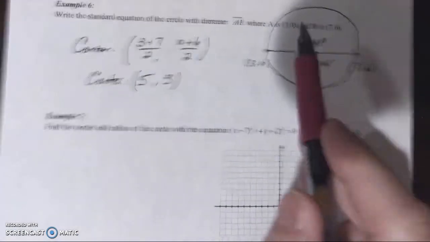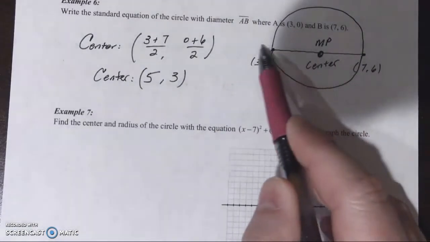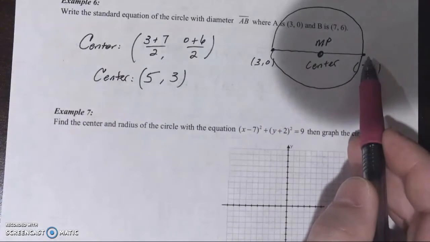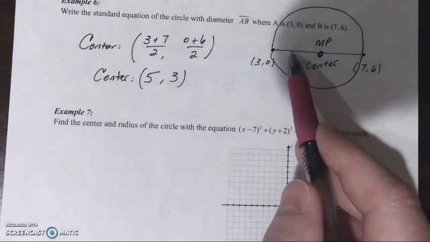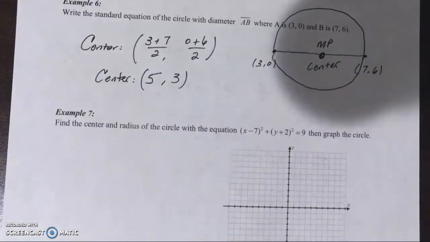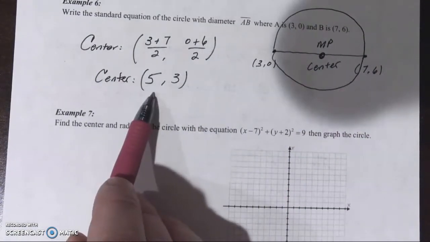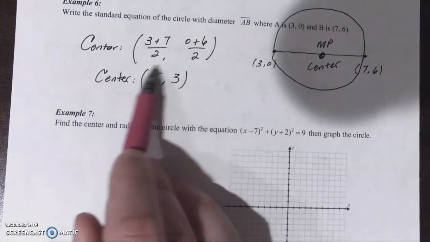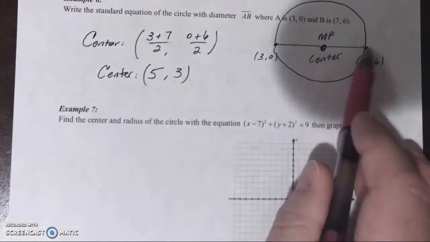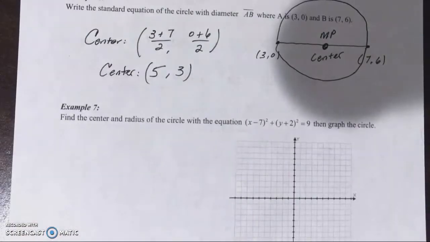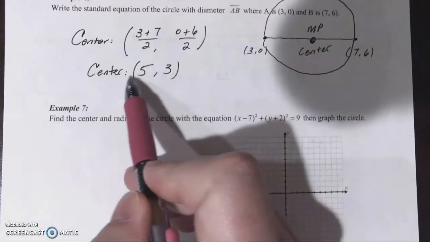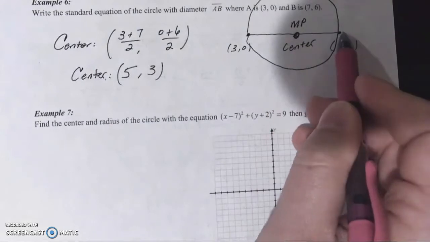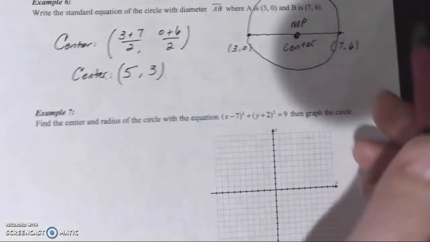You could find the length of the full diameter by taking the distance formula, and then divide that by 2 because we know the radius is half of the diameter. The other thing we could do is, now that we have the coordinates of the center, we could just use this point and either one of these two in our distance formula, and then we would actually be finding the radius, because the center to one of these endpoints would be the length of the radius.